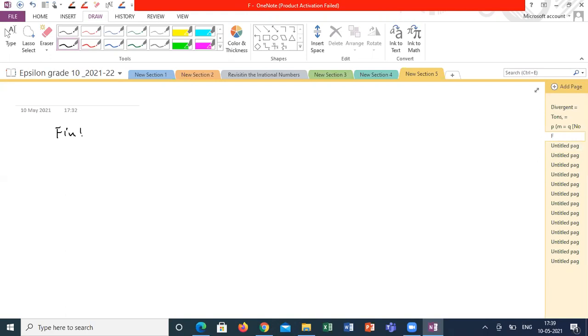Find the remainder: f of x is equal to x square minus 5x plus 8 by x minus 2.